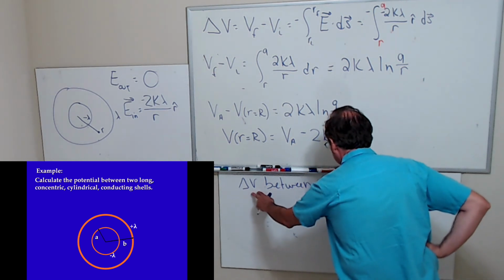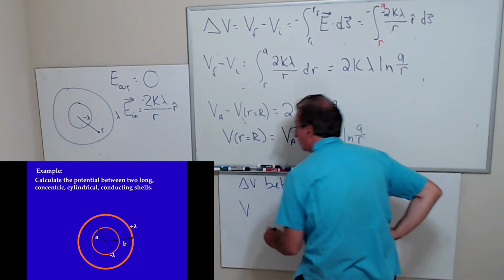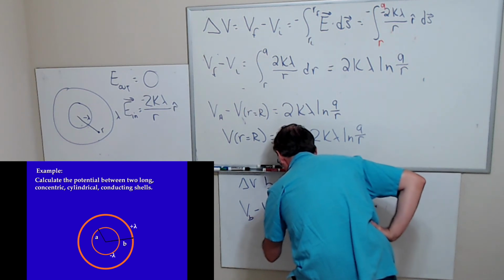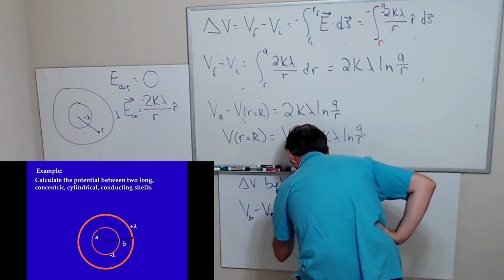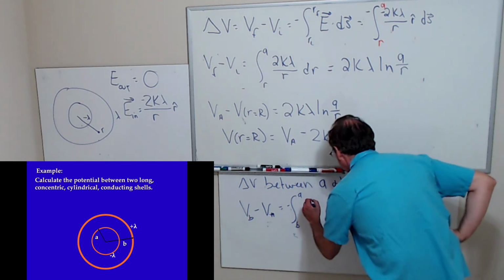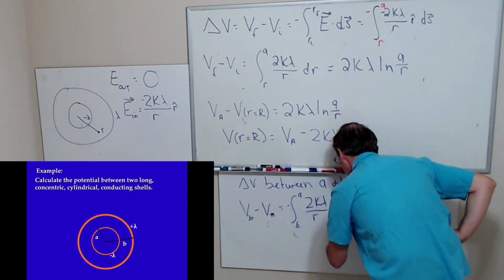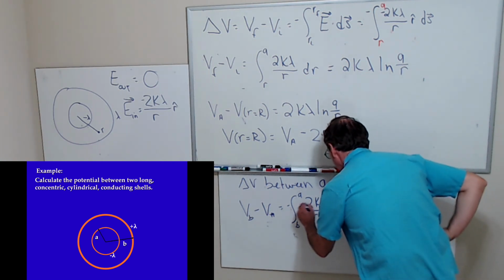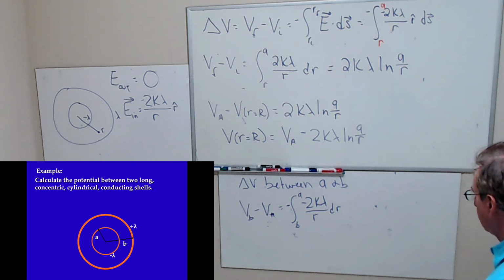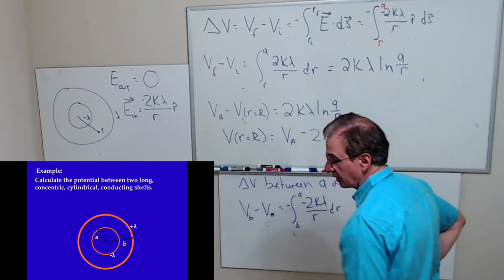If I want to find the delta V between A and B, I can do VB minus VA. If I switch it around, these two switch around instead of these two, so it doesn't matter.